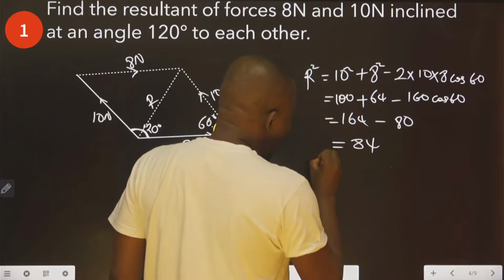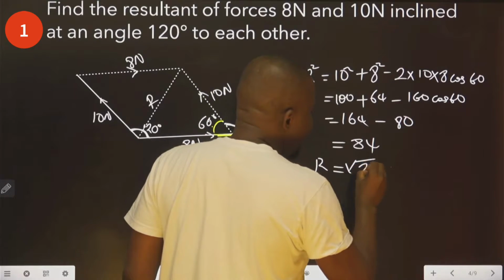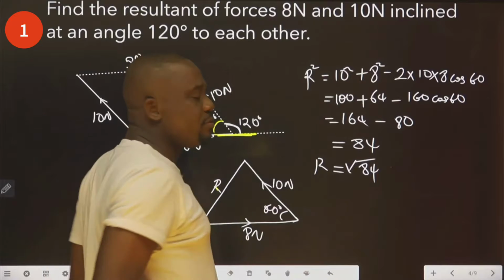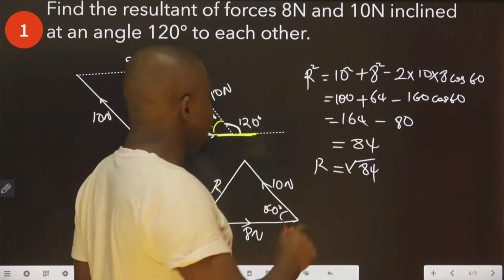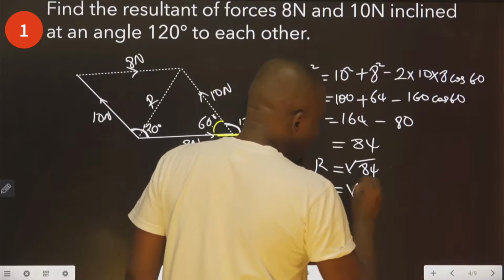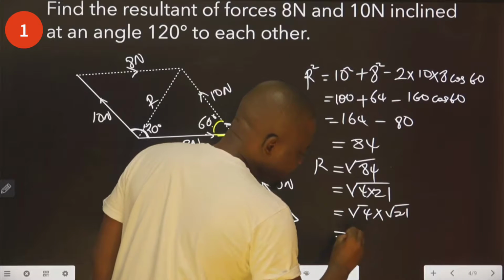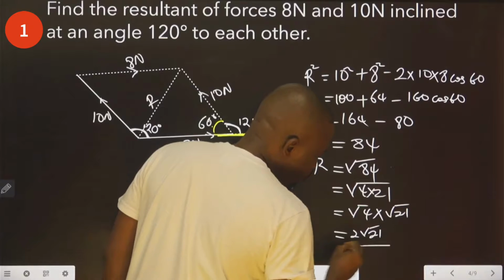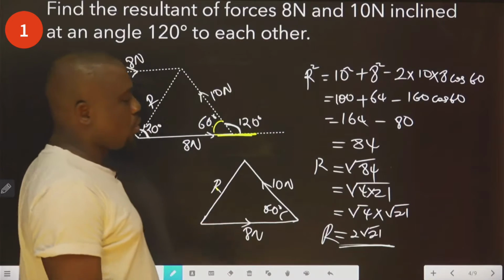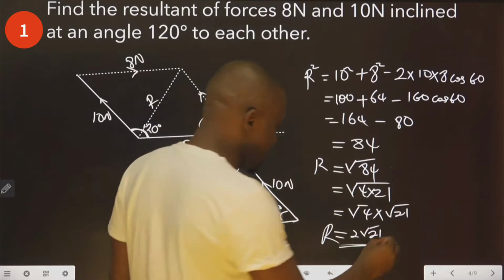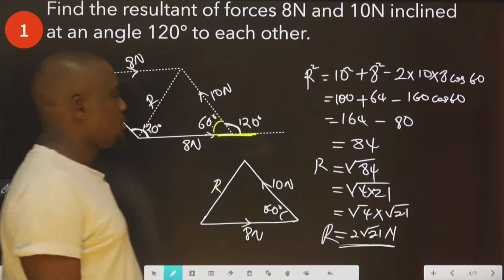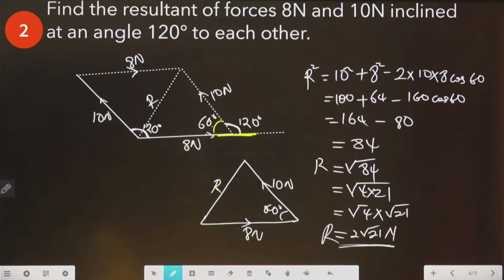It means therefore R equals the square root of 84 because we need to find R, which is the resultant. And you agree with me, this actually equals 4 multiplied by 21, the square root of this is 2. So R equals 2 square root of 21 Newton. Okay, that is the resultant force.